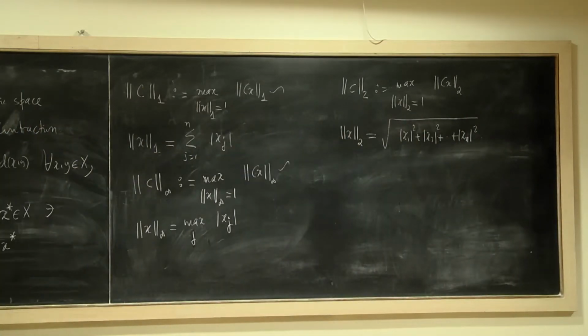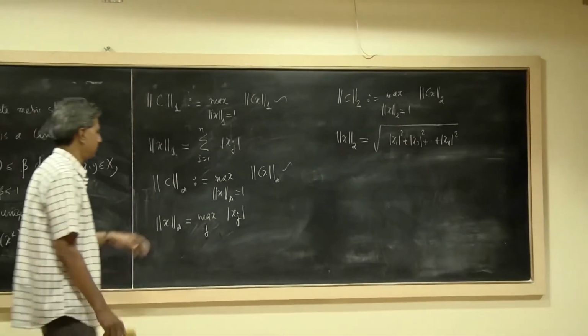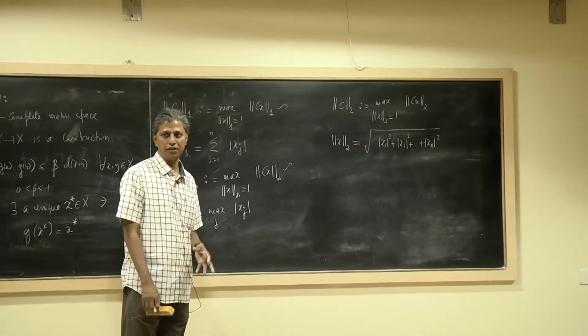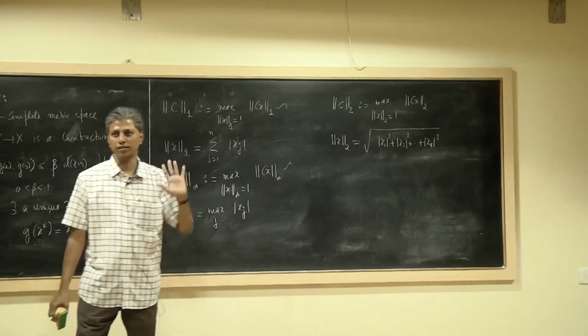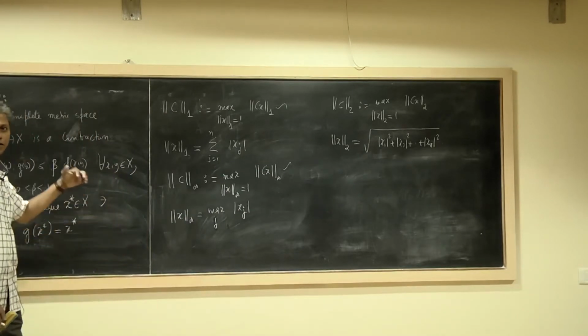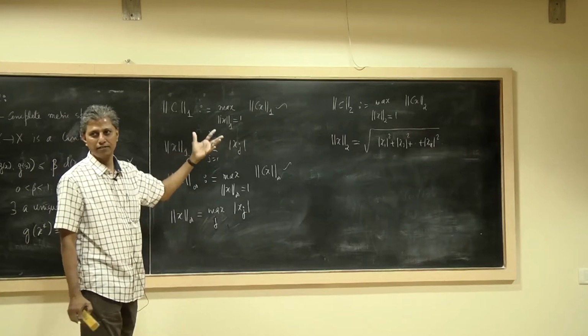Now, it's easy to calculate the two extremes, 1 and infinity, but it's a hard problem to calculate the middle norm. See, these are part of a general P norm. I've just chosen these three for the sake of service. Of course, there is a reason. This is one extreme, this is the other extreme. That is midway in some sense.